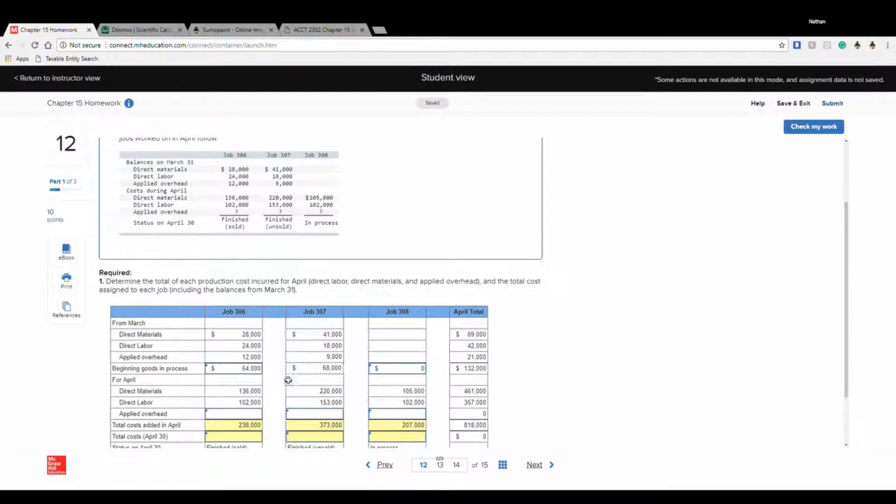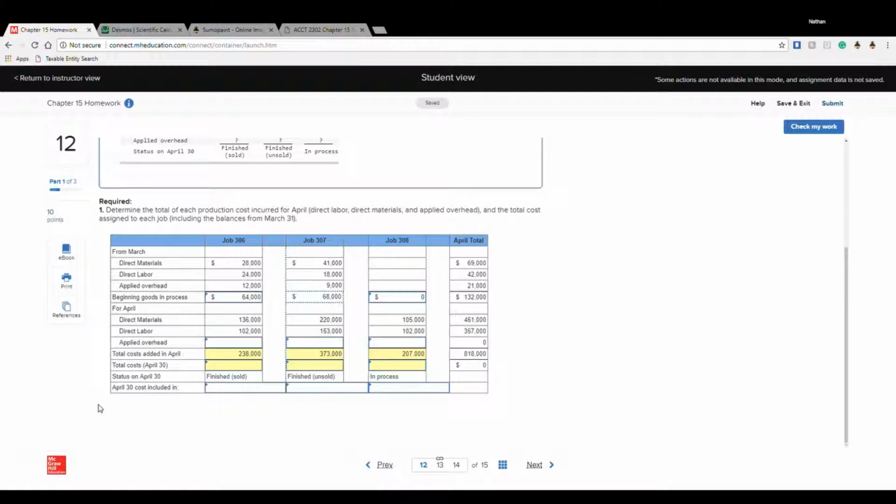So our actual work in process was 132,000 at the end of March. So cost of manufacturing, basically that's what's going on.